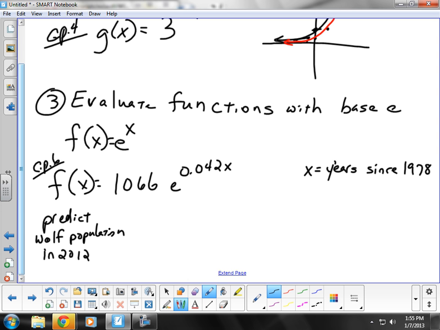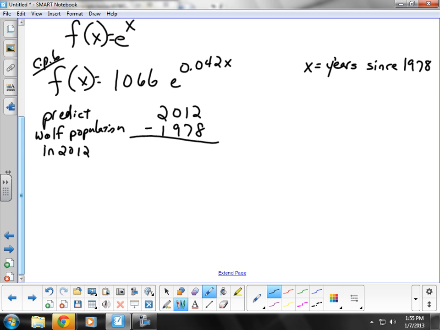Okay? So the first step is, I don't use 2012 for x, but I need to subtract. Okay, that'll tell me how many years it's been since 1978. So 34 years.